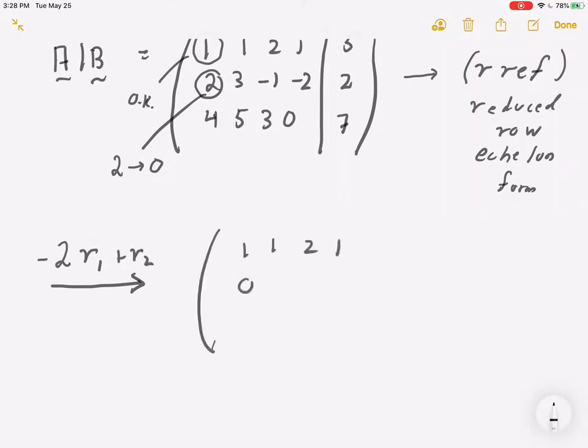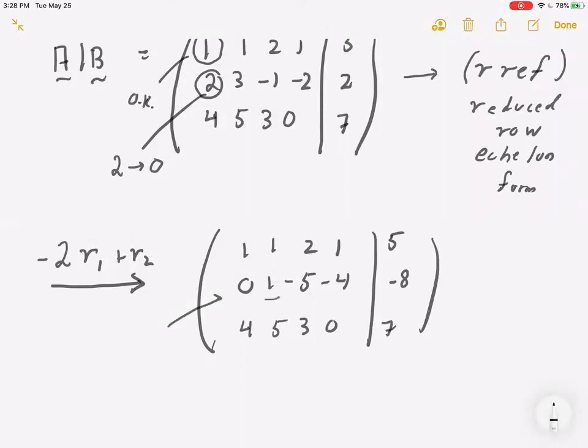Row 2 is changed. So the good news is that you've turned this 2, 1 matrix element into 0. The bad news, in quotes, is that you've altered all the rest of the matrix elements in that row, but that's okay.